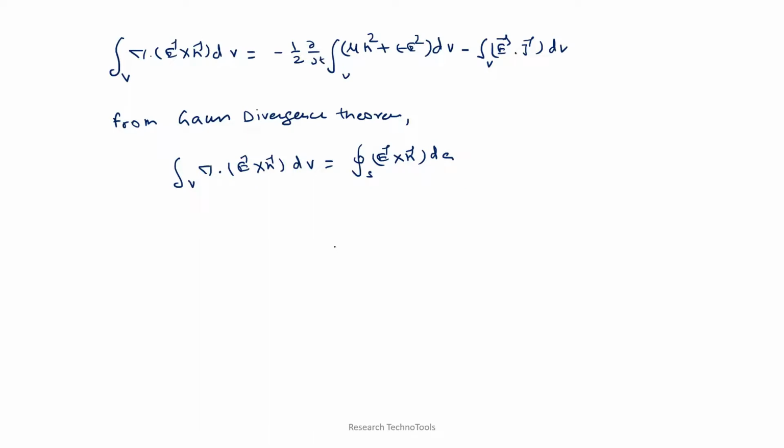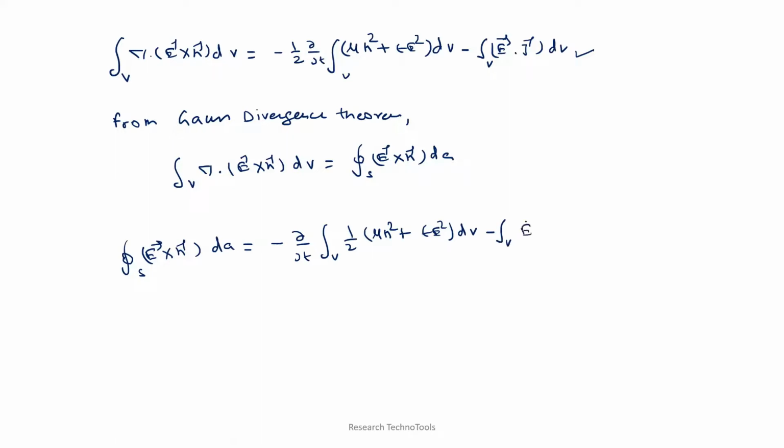If we substitute this value in this equation, you will get the surface integral of E vector cross H vector dA equals minus d by dt volume integral of 1 by 2 mu H square plus epsilon E square dv, minus the volume integral of E dot J vector dv.